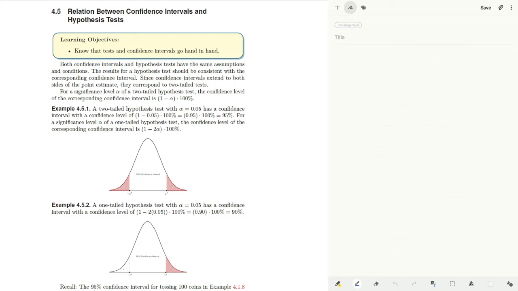So for a significance level of alpha in a two-tailed hypothesis test, the confidence level of the corresponding confidence interval is 1 minus alpha. In other words, for two-tailed hypothesis tests, the alpha level plus the confidence level will add up to 1.